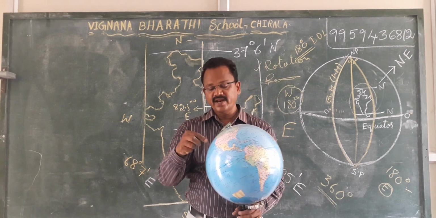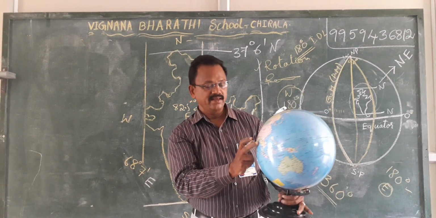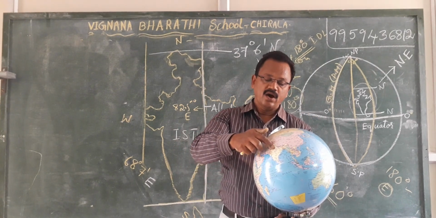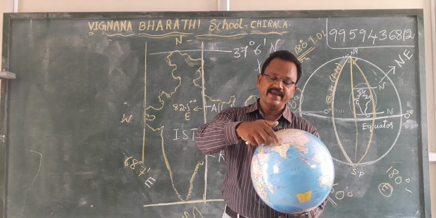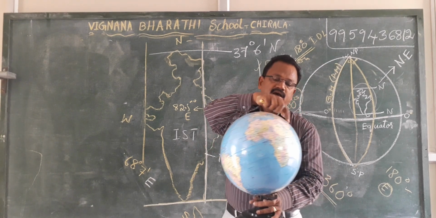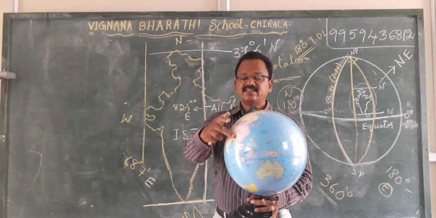Now, it takes, for example, this is our country. Now, you are looking at our country now. Here our country is moving along with the earth, and it reaches the same place.